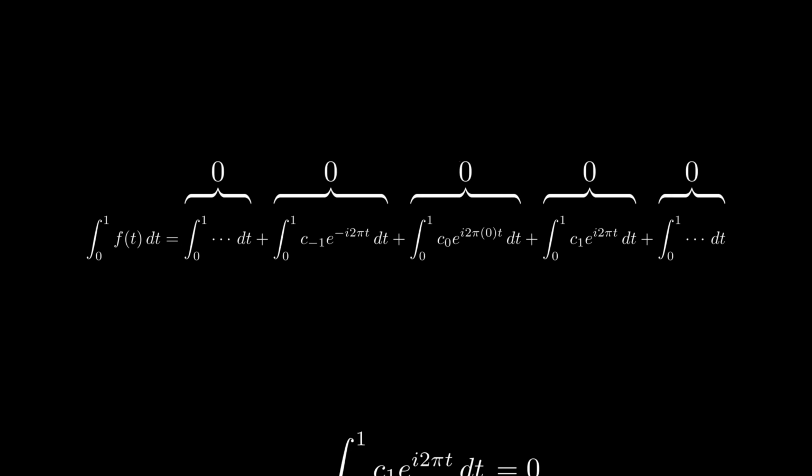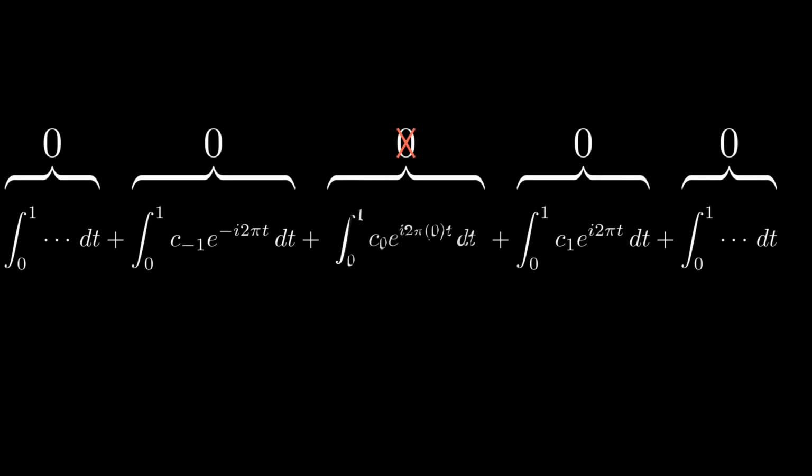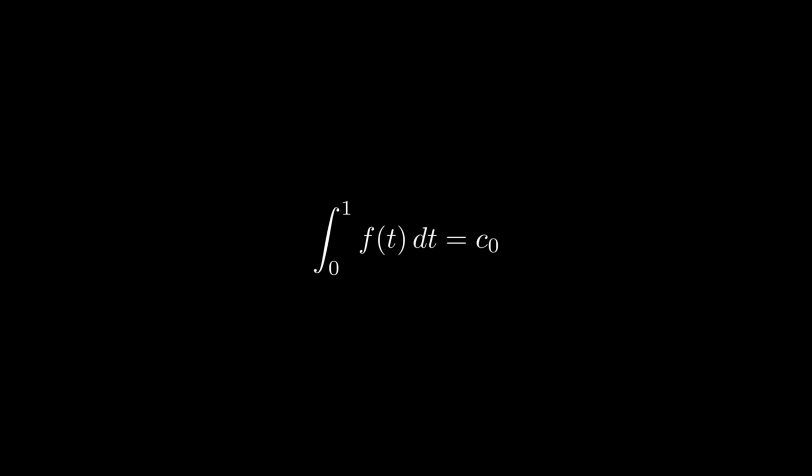Same is true for all terms, but the only exception here is C0. Notice that its vector does not rotate at all, and because of this, the integral is equal to C0. We can write a formula for C0, and finding it is as easy as calculating this integral.